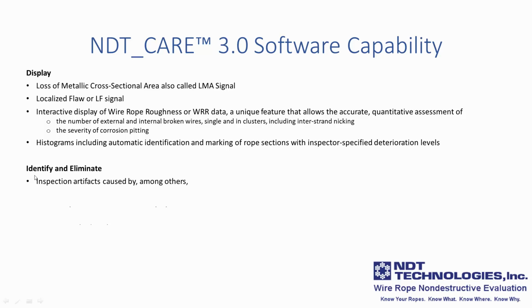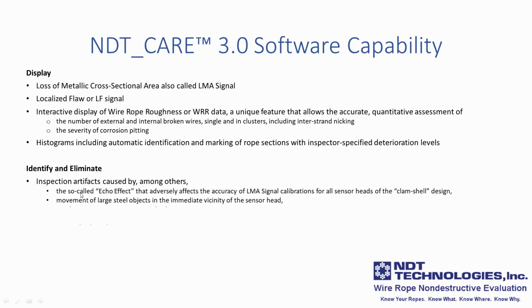As part of this analysis, we'll help the user identify and eliminate inspection artifacts caused by, among others, the so-called echo effect that adversely affects the accuracy of LMA signal calibrations for all sensor heads of the clamshell design.